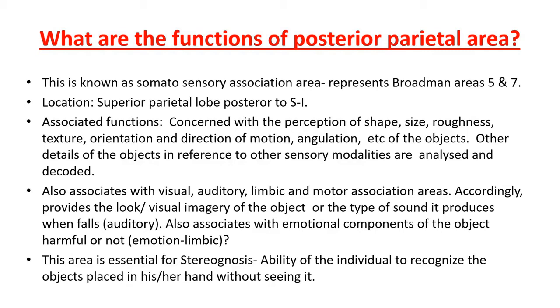That is the ability of an individual to recognize the objects placed in his or her hand when blinded. I have already explained this in the previous class. That means commonly used objects like a pencil or pen, I can immediately recall and say that this is what it is. That is stereognosis.